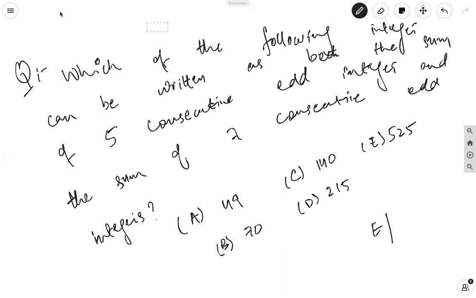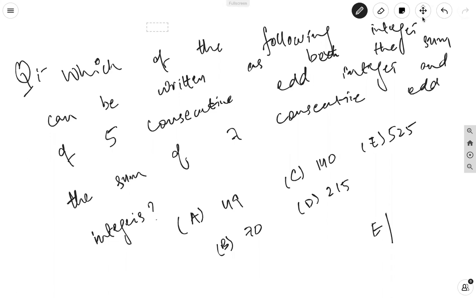Is this a difficult question? No. This is a very basic, easy question as well. Is anyone still solving, or shall I solve now? E.